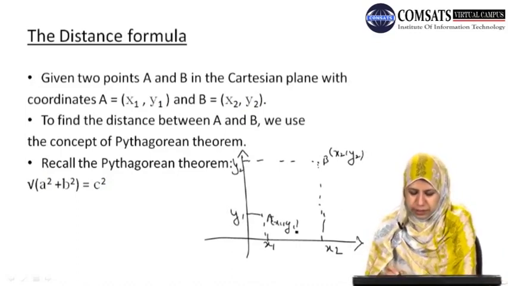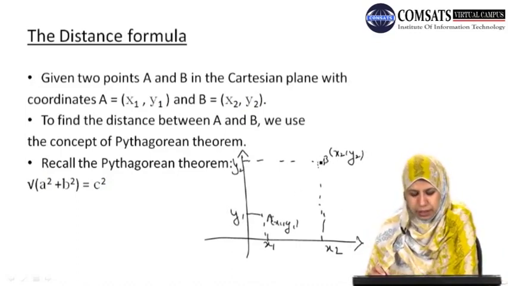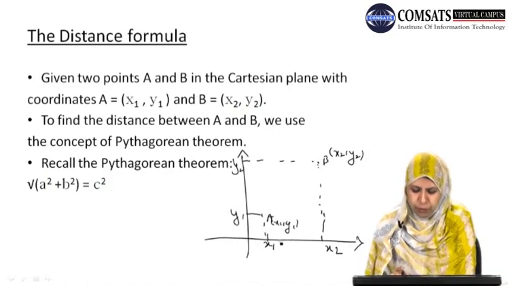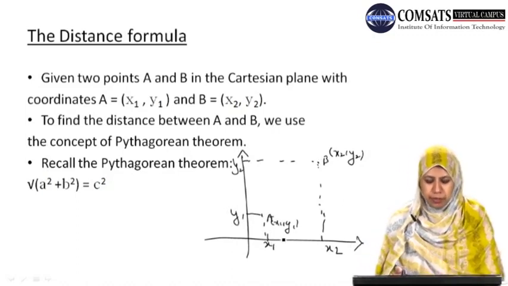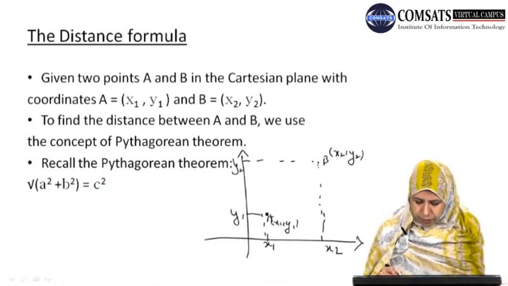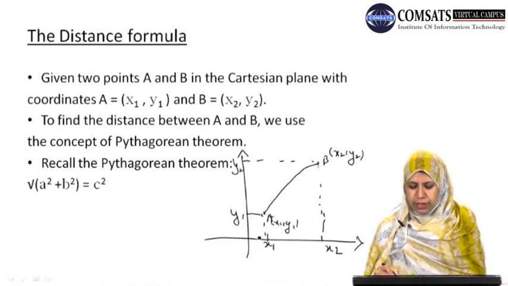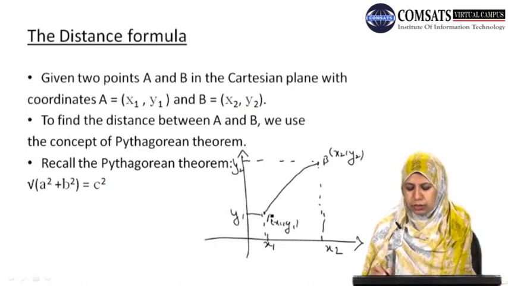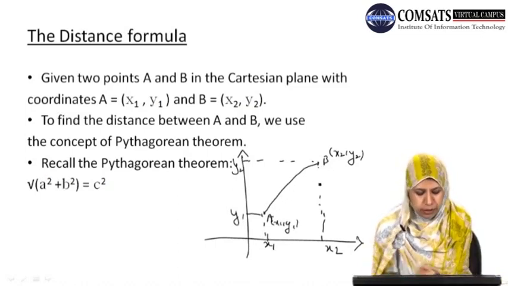Okay, we want to find the distance between these 2 points A and B. So for this we will use the concept of the Pythagorean theorem. Basically we want to find the length of the line joining the points A and B.